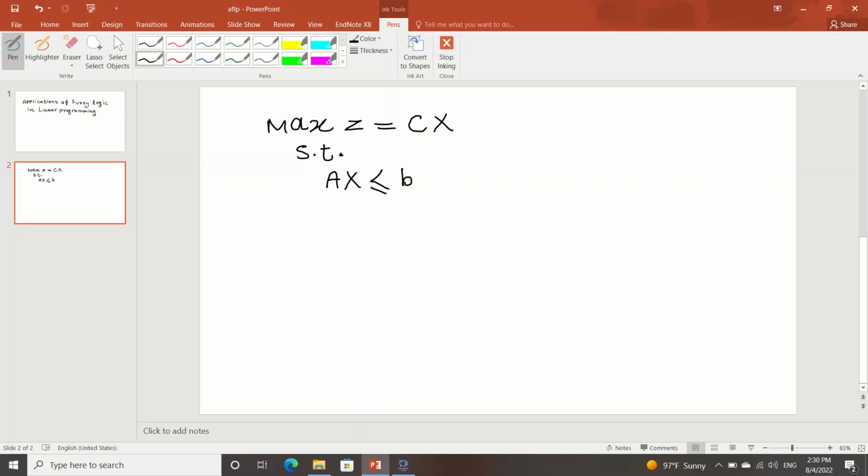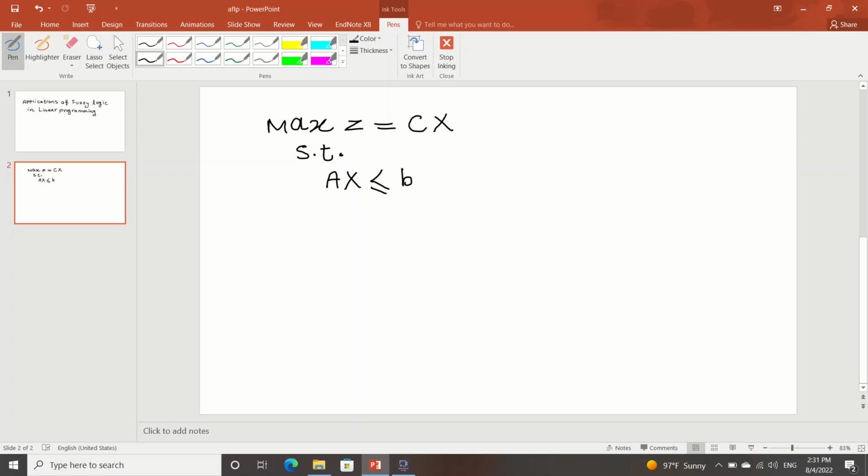A is the technical coefficients in the constraints, and x is the same as the decision variables in the objective function that I said, and it is less than the expression on the right hand side. What is the expression? This is the constant value. B is called the right hand side.